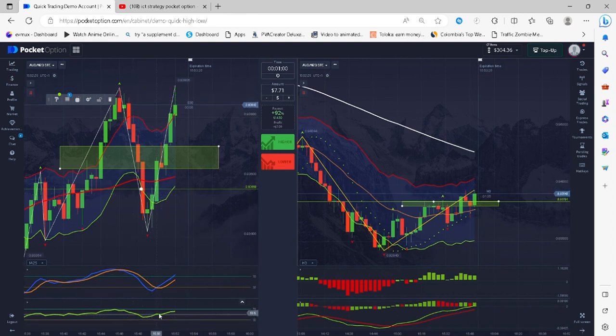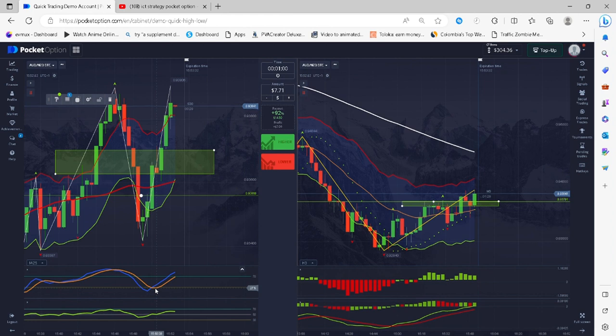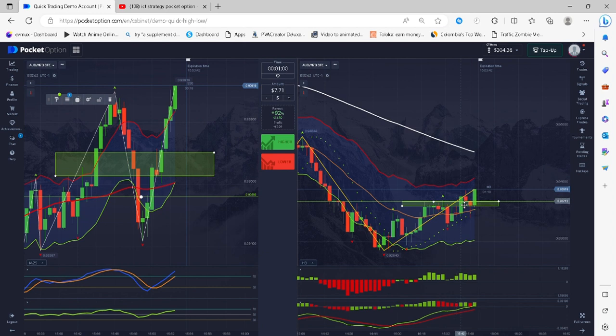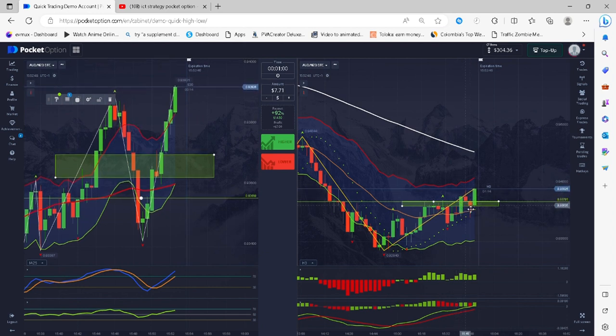The RSI, I really don't pay much attention to, but the stochastic is what would give you your go ahead. Go ahead now and buy, because once the market broke this structure, you already know the market is going to buy, and it created a fair value gap here.